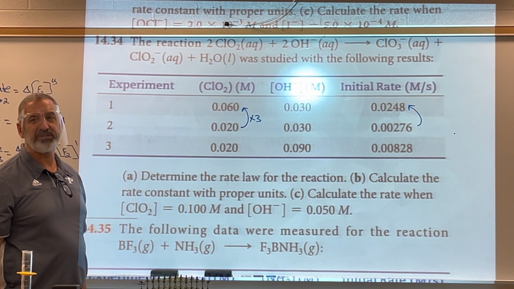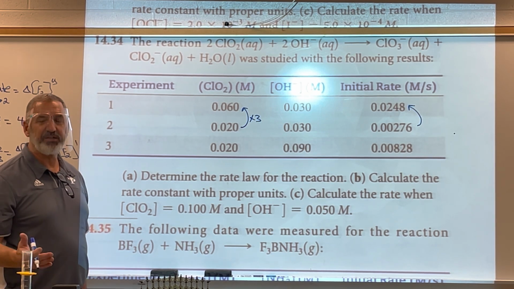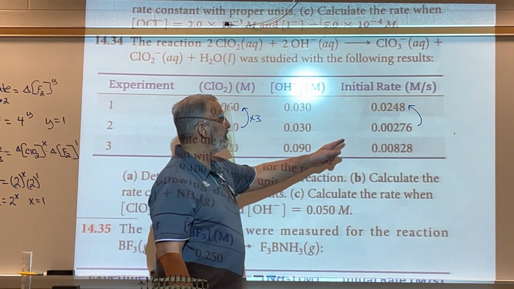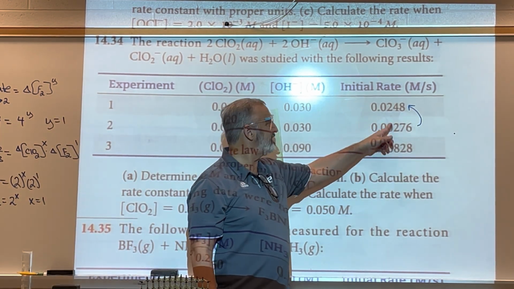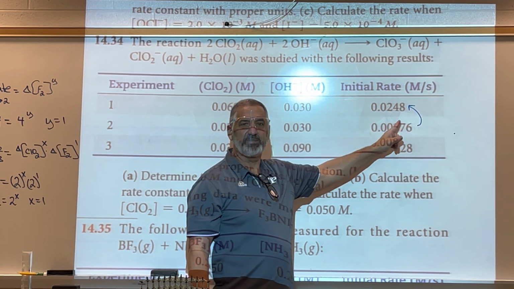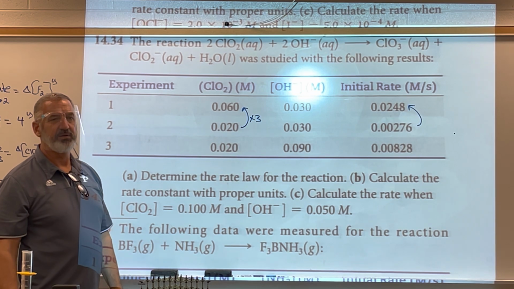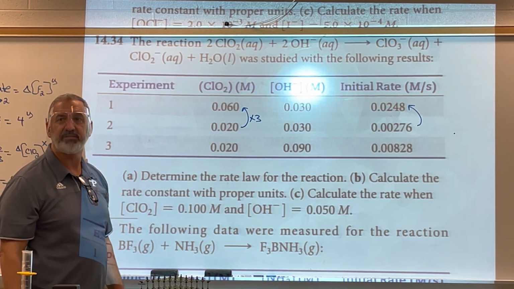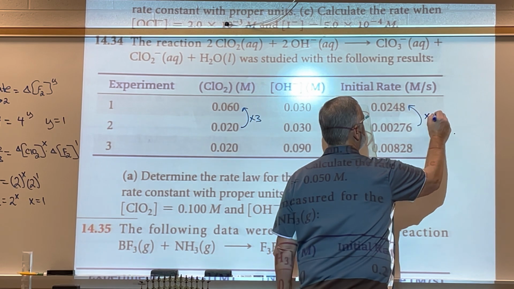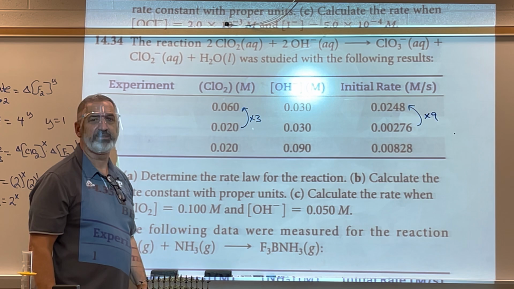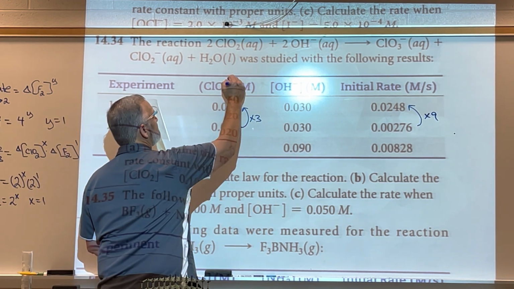This one you might want to use a calculator. If it's a times, how do you go the reverse of times? Divide. So always divide the biggest one by the smallest one. Figure out how many times that goes into that one. That'll be your times. It's 8.98. So 9, right? So if you times 3 times 9, what do I know my power is on ClO2? 2, because 3 squared is equal to 9.